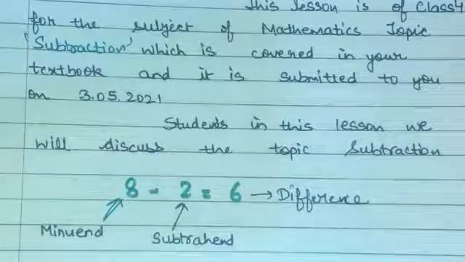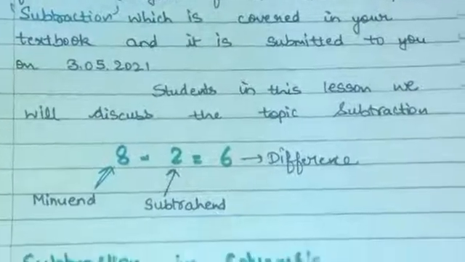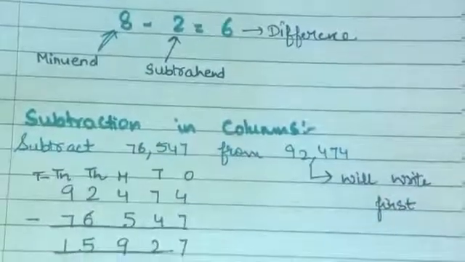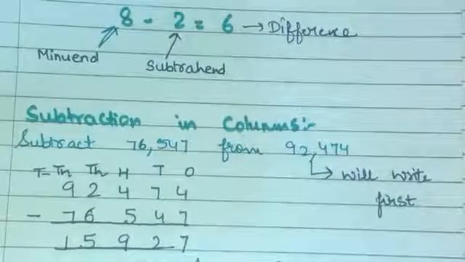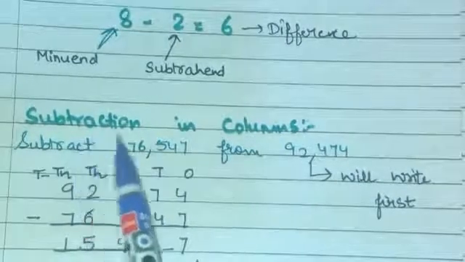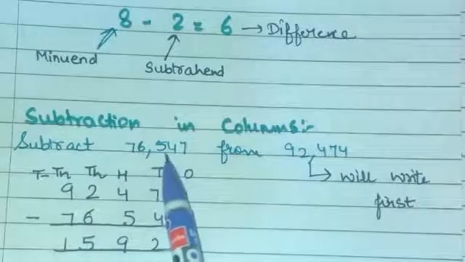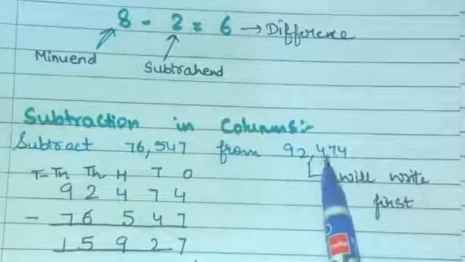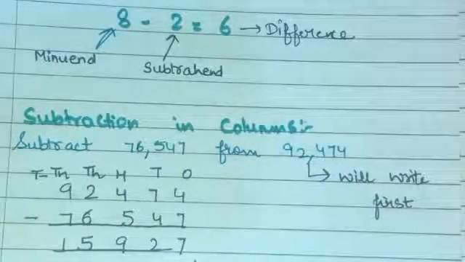So let us start now the subtraction in columns. That is very easy. First of all, we have to subtract 76,547 from 92,474.